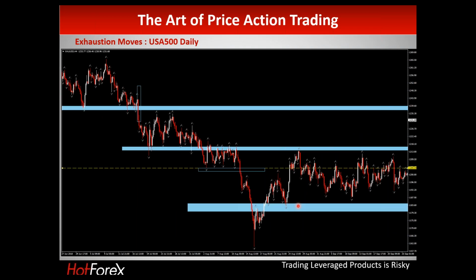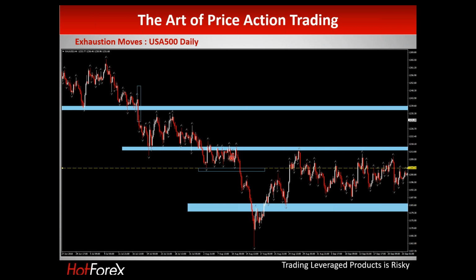Let's move on because I wanted to cover this. Can you see that fractals help us a bit with setting our support and resistance levels? Consecutive up fractals are resistance, consecutive down fractals are support, consecutive up fractals are new resistance, consecutive down fractals are new immediate support, and so on and so forth.